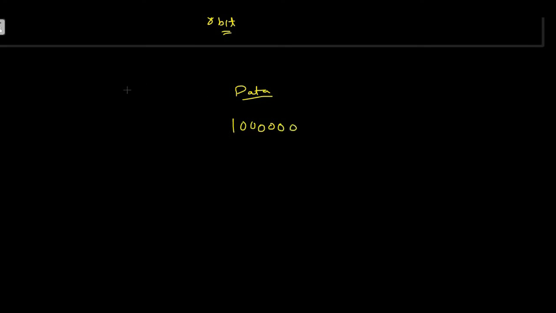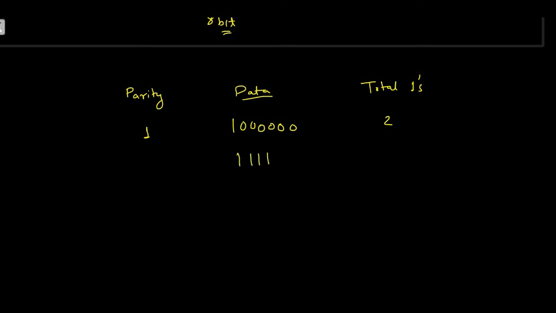To make it an 8-bit data, we require a parity bit, and here we talk about even parity. The number of ones is 1, which is odd. To make it even, we add a parity 1 so that the total ones become 2. So in this way the 8-bit data is then transmitted.